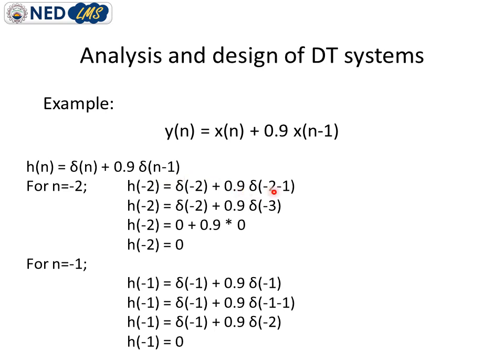Now recall the very important property of the impulse function, which is that the impulse exists only when n is equal to 0. That is the speciality of this function. For other values of n, this function is 0.